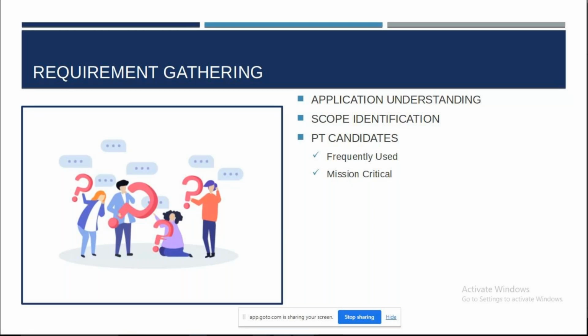Frequently used means very popularly used. Mission critical means that transaction is very important, very critical for the application.